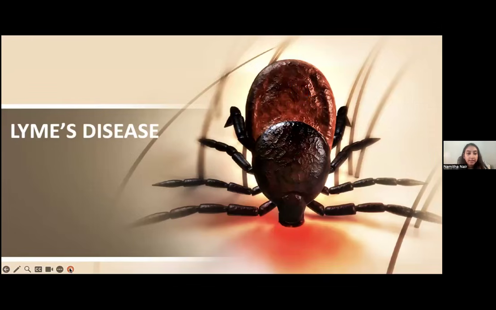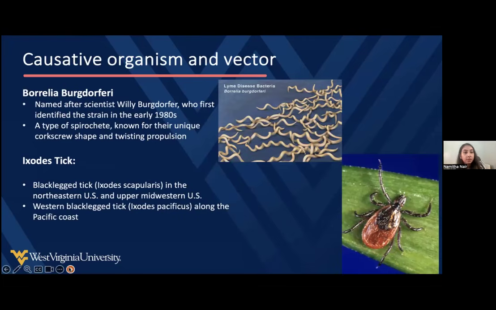About Lyme's disease, the causative organism is Borrelia burgdorferi. It was named after scientist Willy Burgdorfer, who first identified the strain back in the early 1980s. It's a type of spirochete bacteria, known for its unique corkscrew shape, as you can see in the picture here.